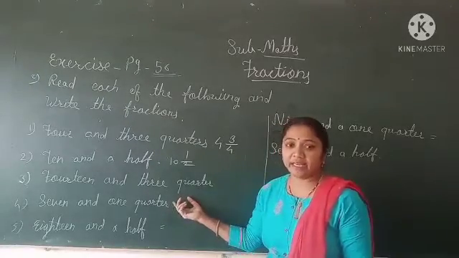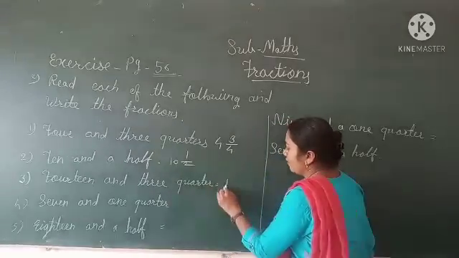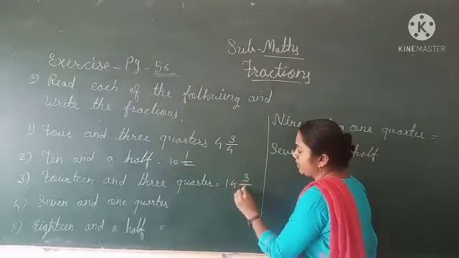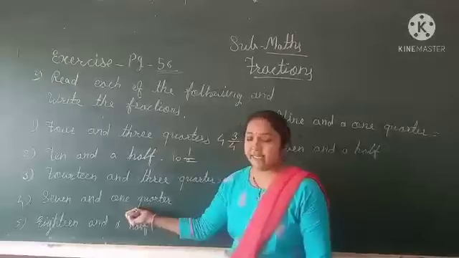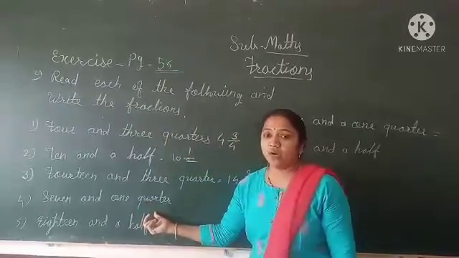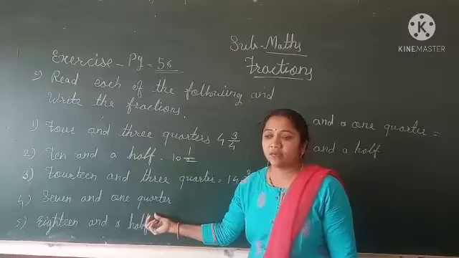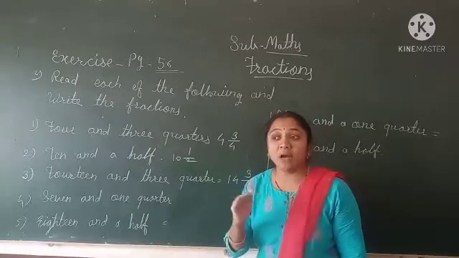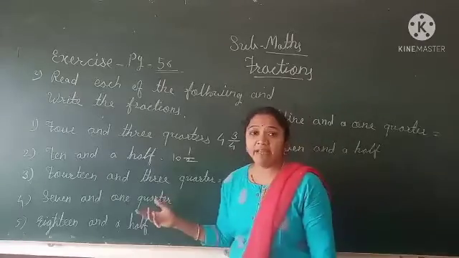Yes, 14 and 3/4. So how to write this? 14 and 3/4 means 14 and 3/4. See, 7 and 1/4. So 1/4 means 1/4 and 3/4 means 3/4. So 7 and 1/4.